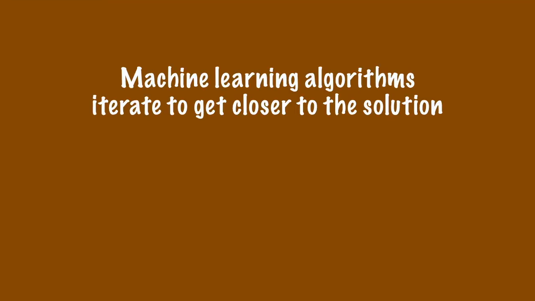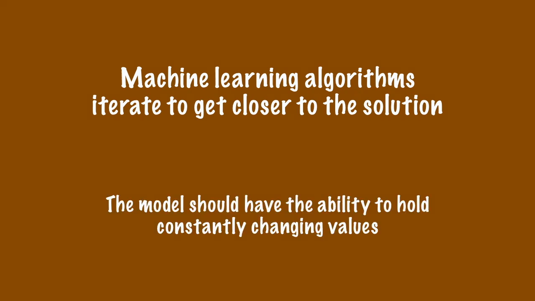Variables are a TensorFlow construct which are required for the training process because the algorithm is iteratively going to approach the solution, and the machine learning model therefore must have the ability to hold constantly changing values of its model parameters. An example of these model parameters are the constants a and b in a regression equation. So that's the use case for variables in TensorFlow.